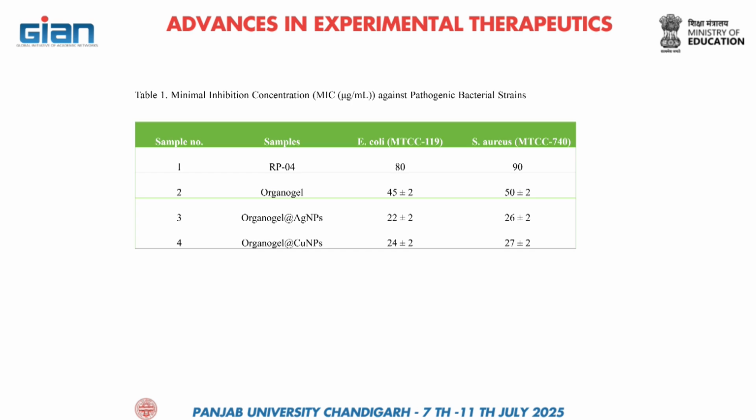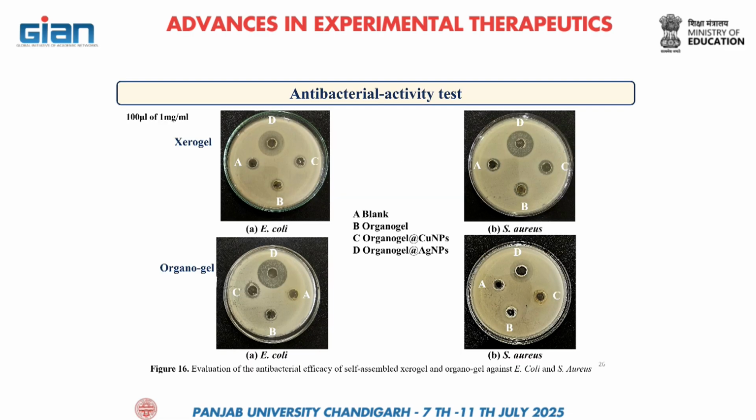And if we see the MIC, minimal inhibitory concentration, again from organogel to organogel copper, it is giving a much better result as far as MIC is concerned. Now let us see what will happen if I make the xerogel.